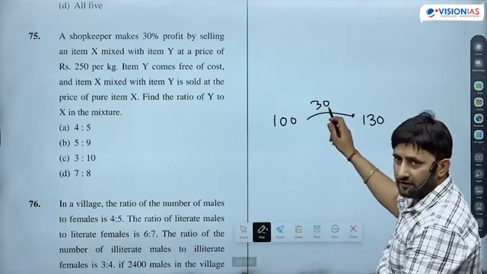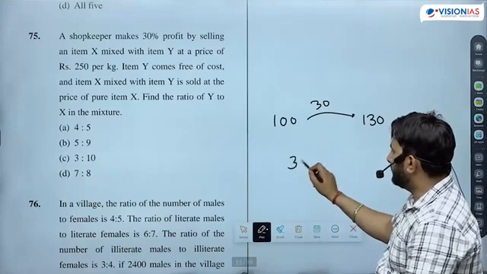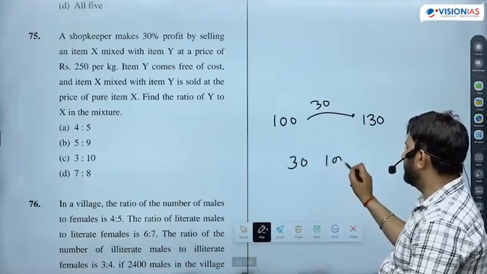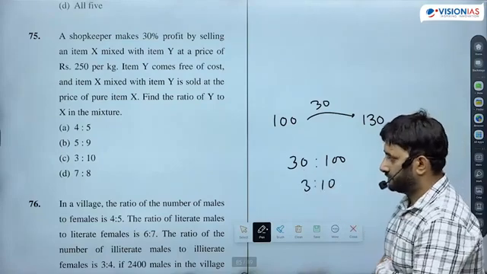X is free, so X is water here, so X is 30, Y will be 100. What is the ratio, X and Y? 3:10.